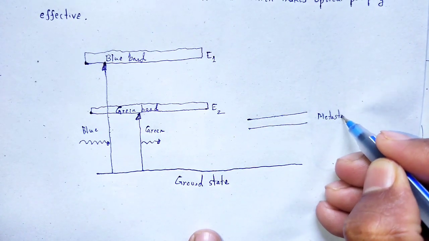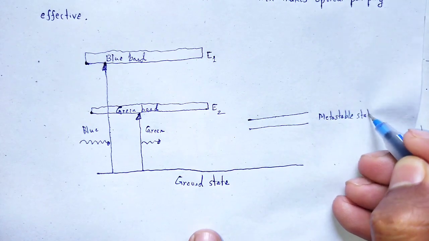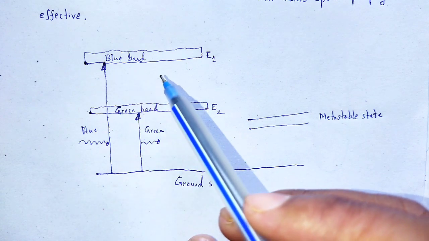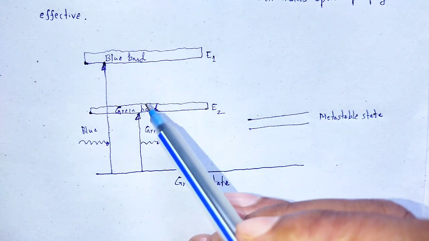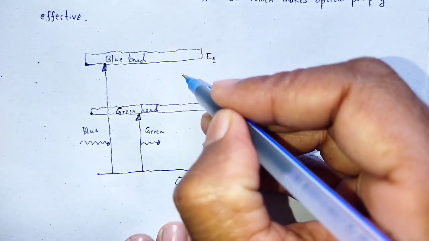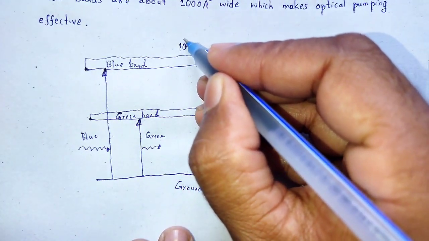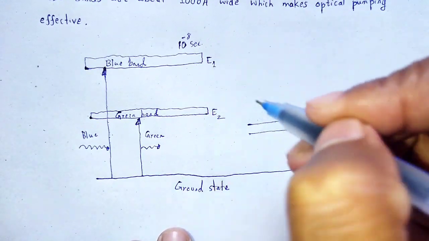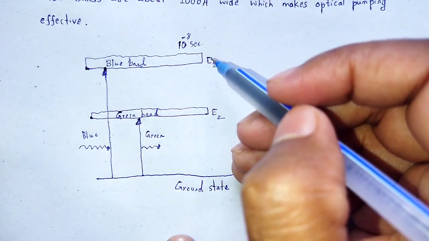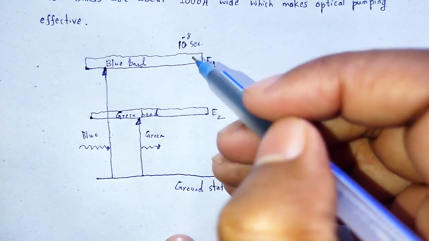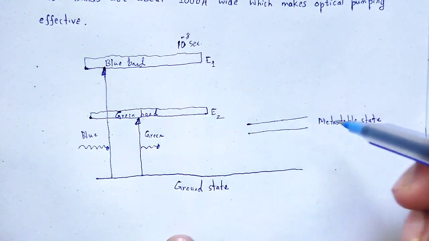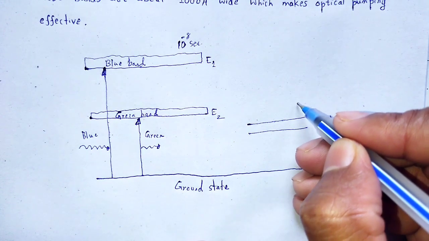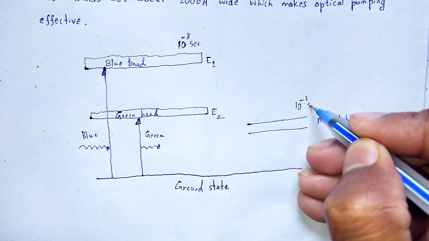The atoms stay in that of excited state around 10 to the power minus 8 second, and after that time duration they go towards that of metastable state, and they stay at that of metastable state around 10 to the power minus 3 second.